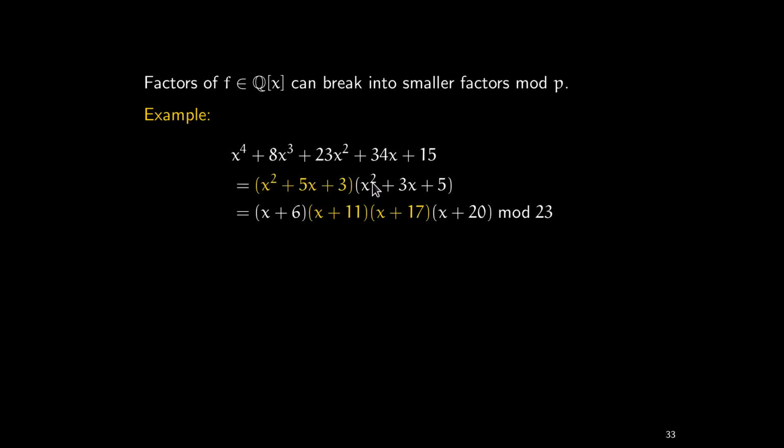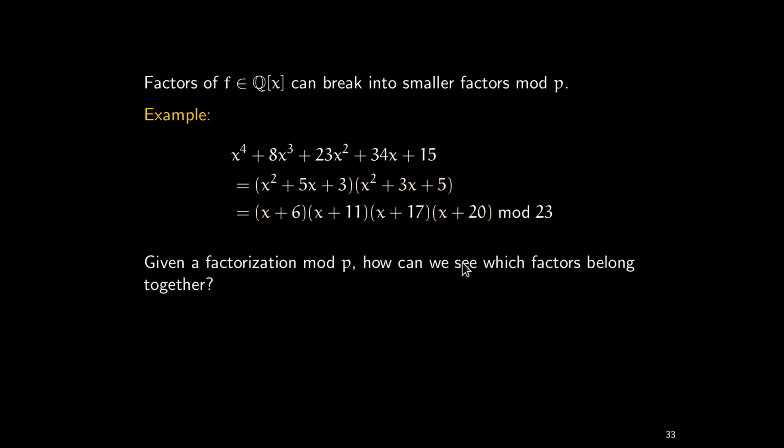And these further factors somehow correspond to the other factors. So these two factors, mod 23, correspond to this factor, and the other ones to the other one. But you don't know this. So if you go mod 23, you get this factorization. Then the question is, given this, how can we find this?